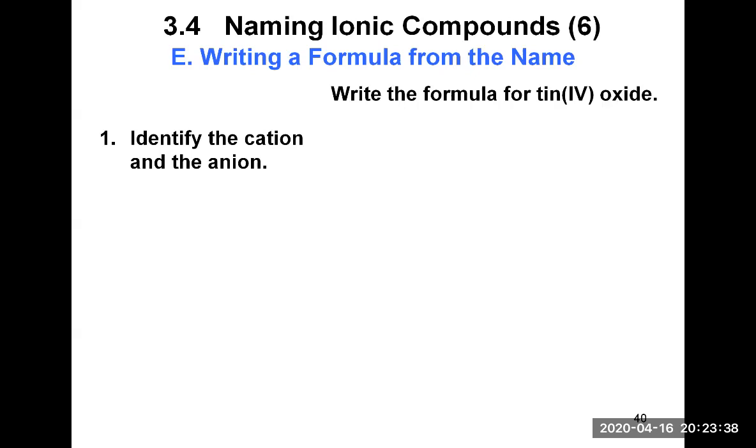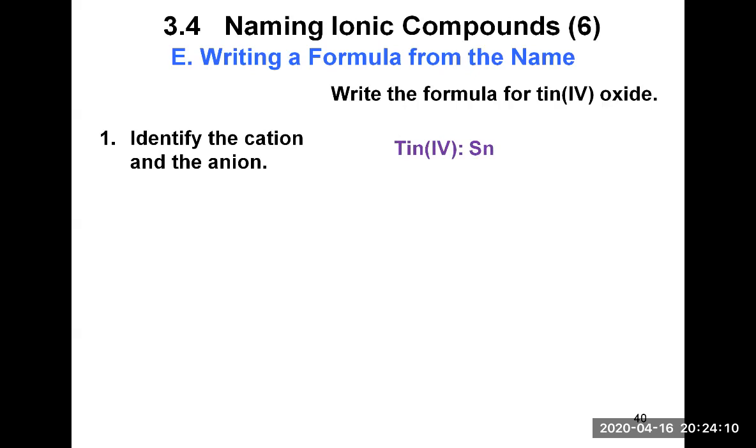The cation is tin 4. Tin has for symbol Sn. And the Roman numeral here tells you that it's a 4+. So it's tin 4+. And then the oxide is the oxygen ion, and oxygen being in group 6A, 8 minus 6 is 2.